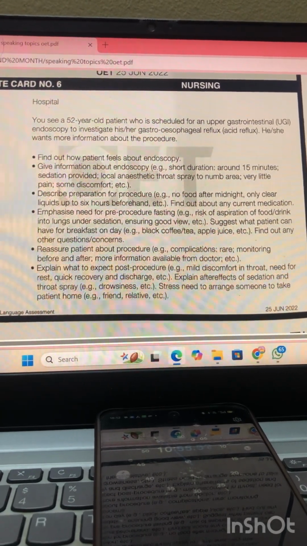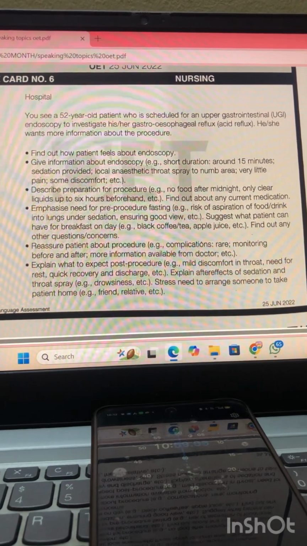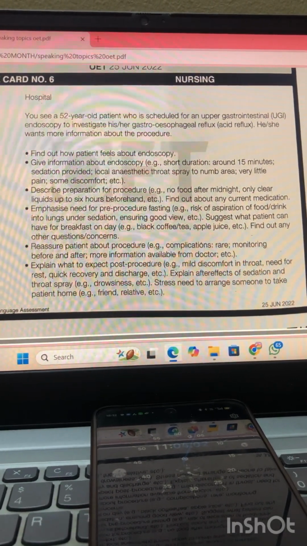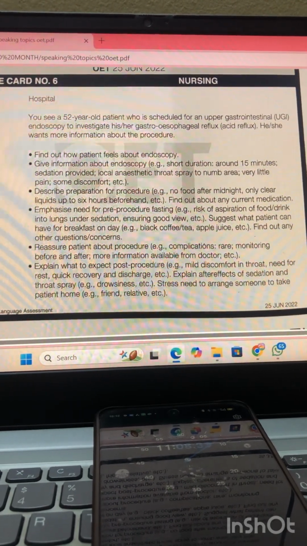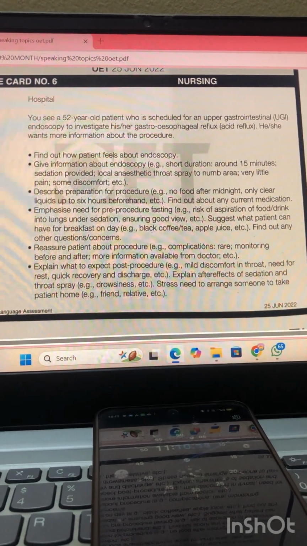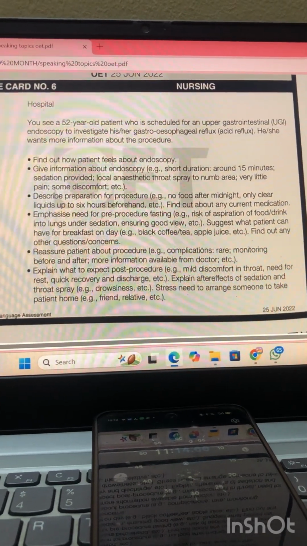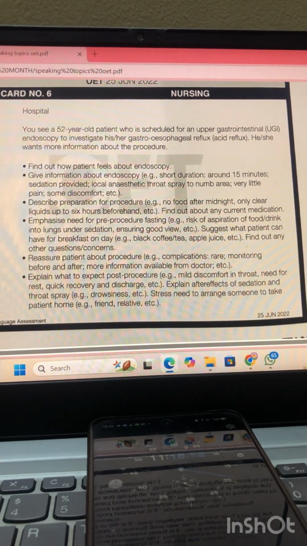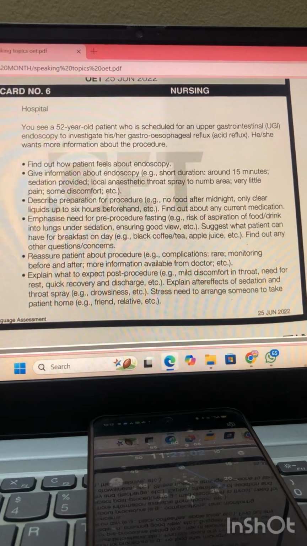Why we are doing this is to prevent the risk of obstruction or blockage of the respiratory system, because things get very relaxed with the anesthesia. So in order to prevent this problem, we are encouraging you to skip the meals and liquid. Also to ensure a good view. Okay, with a good view, then we can diagnose the specific problem.